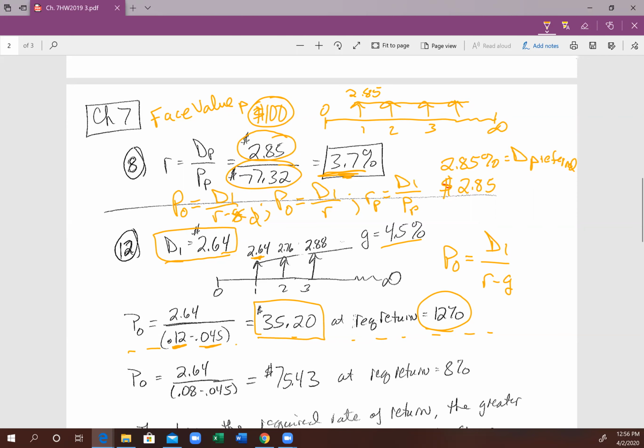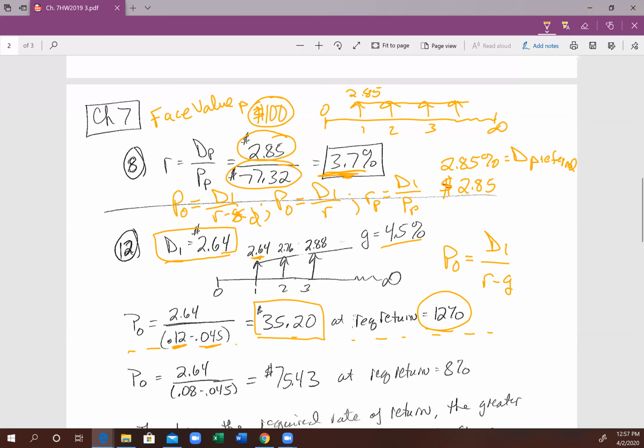Now what they're trying to show you here is what happens if you require less of a return, or what happens to the present value of future cash flows at a lower interest rate.